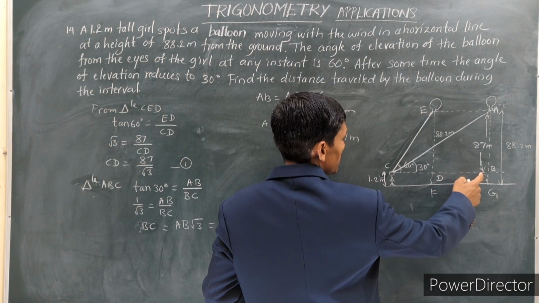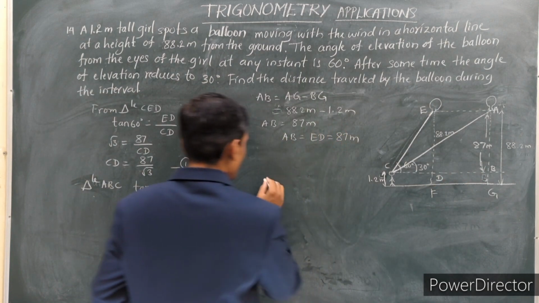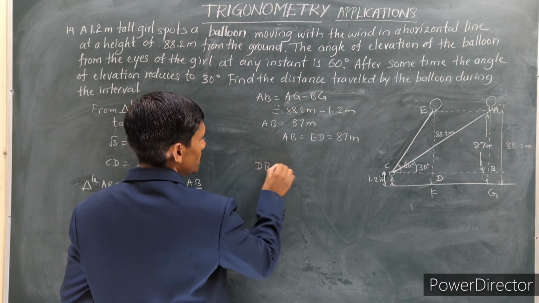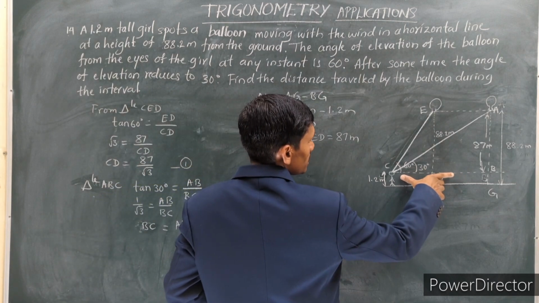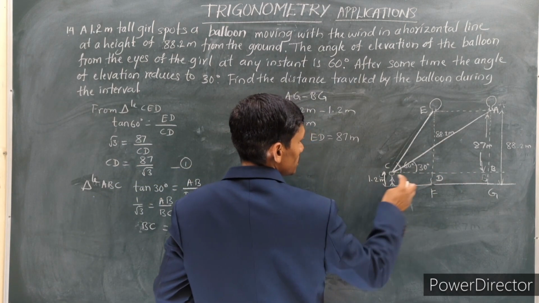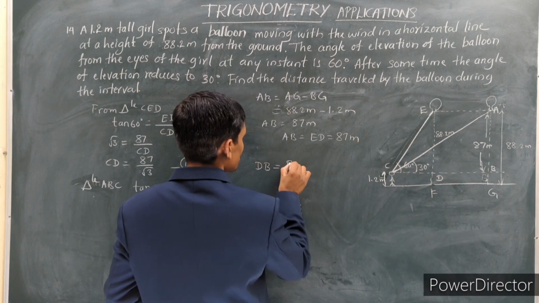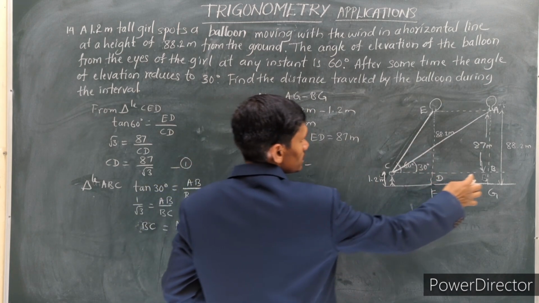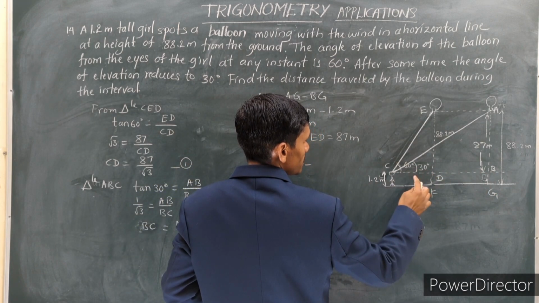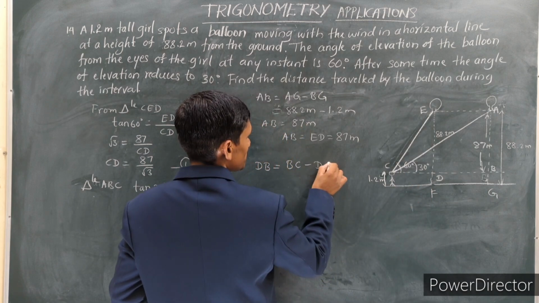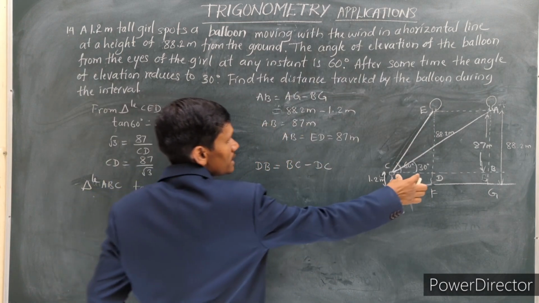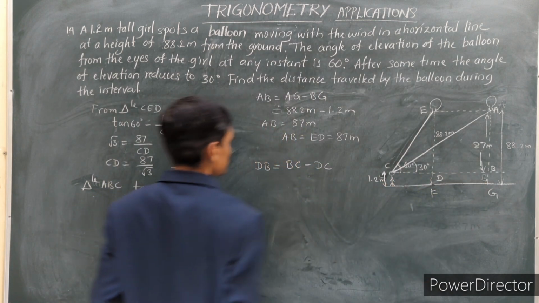What is this? dB. If you want dB, how do you get the distance? dB is nothing but the total BC minus DC. If you subtract, you will get this much, right?